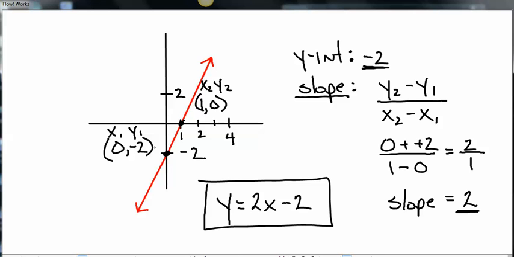Yep. If you can count it, do it. Okay, because here, how many did you rise? You rose 2, you ran 1, rise over run, 2 over 1, 2. That'll work. Okay?